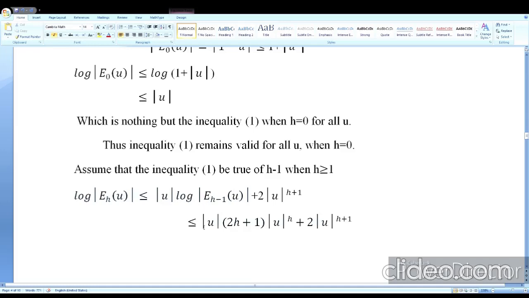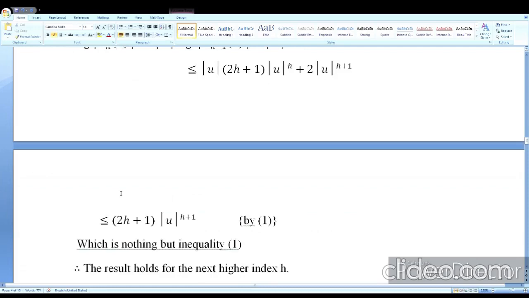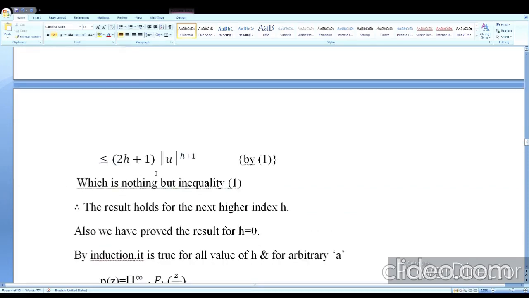That is modulus of u into (2h plus 1) into modulus of u power h, plus twice modulus of u power h plus 1, less than or equal to (2h plus 1) into modulus of u power h plus 1, which is nothing but inequality 1. Therefore, the result holds for the next higher index h. Also, we have proved it for h equal to 0. So, by induction, it is true for all values of h and for arbitrary u.